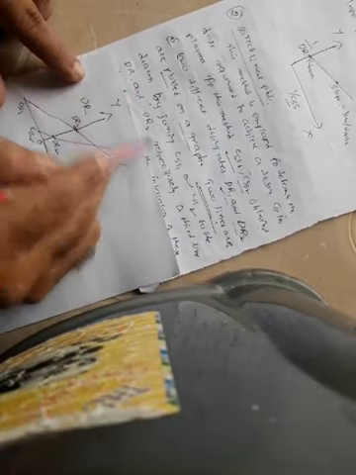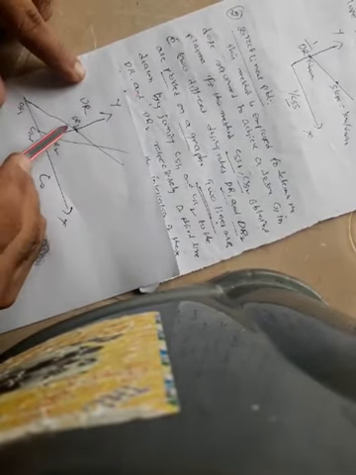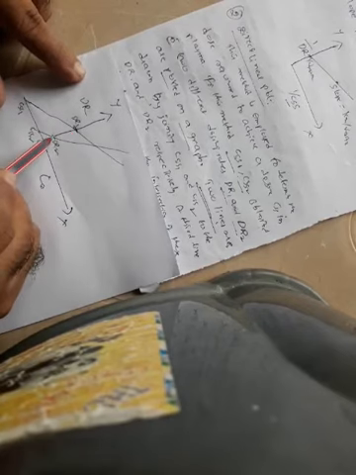Two lines are drawn by joining CSS1 and CSS2 with respect to DR1 and DR2.